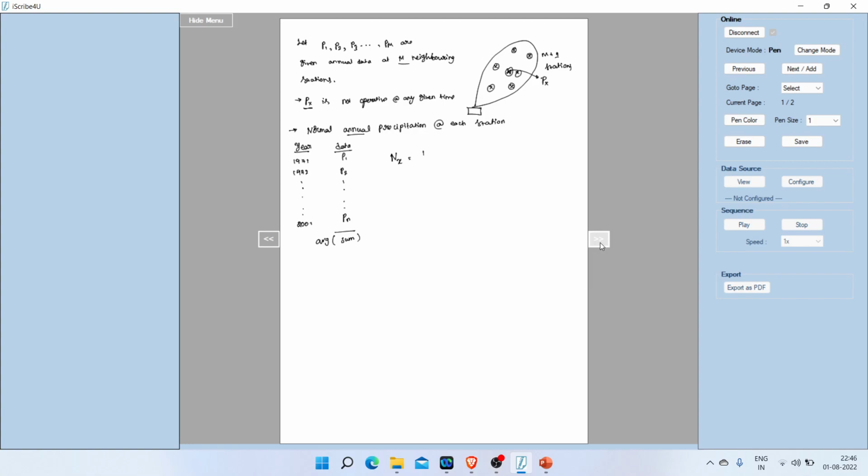So it can be calculated as, for example, 1 by 30 times the summation of Pi, from i equal to 1 to n. This 30 is n. In this way we can calculate that. The minimum length of n should be 30 years.